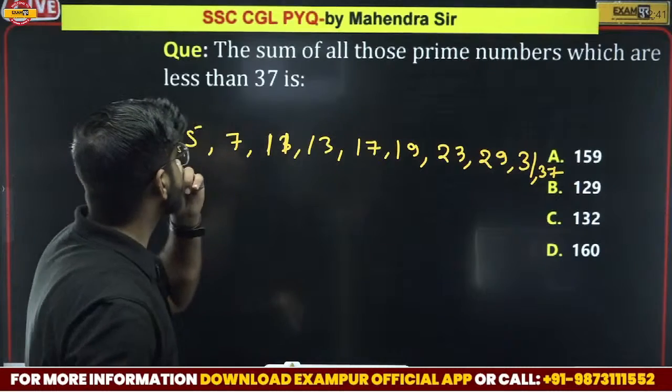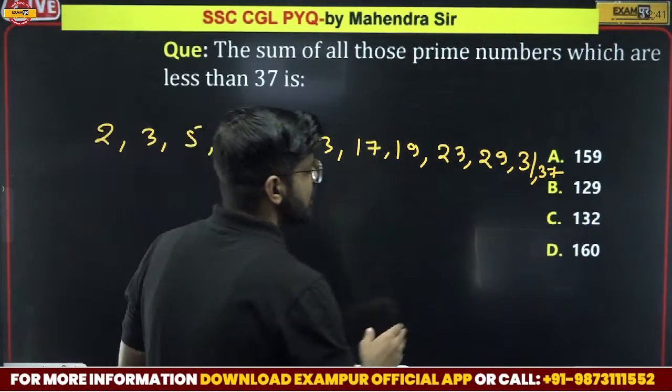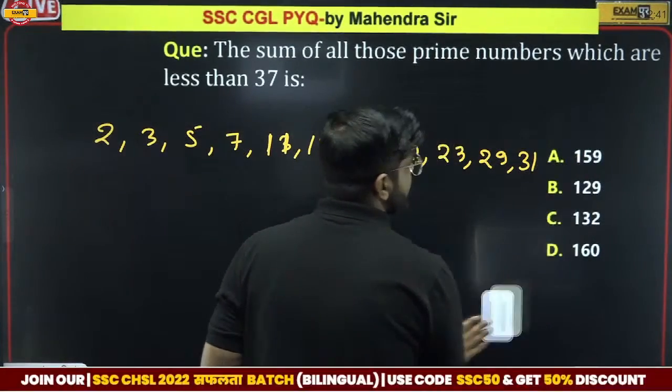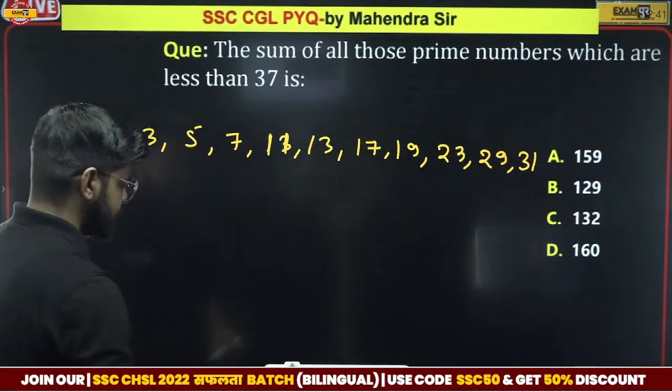So these are the prime numbers, but I have to say less than 37. So 37 we cannot consider. We have to consider up to 31 only.